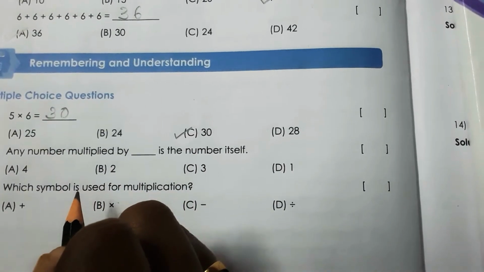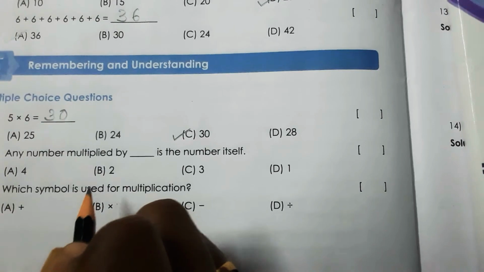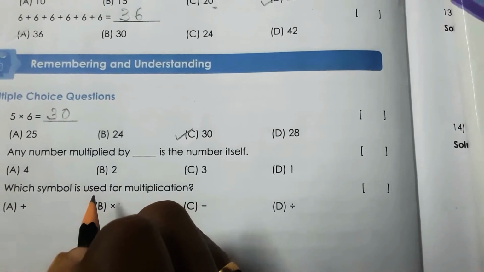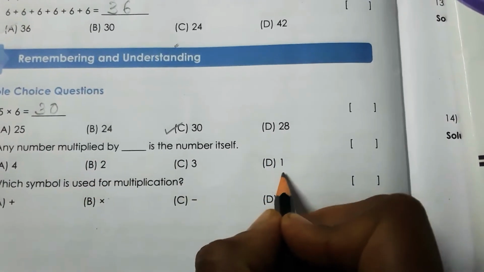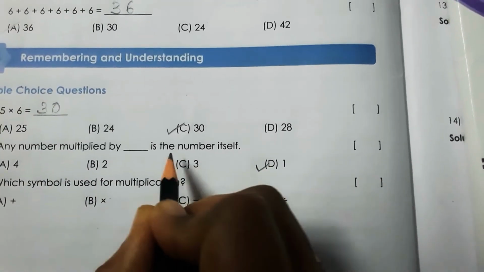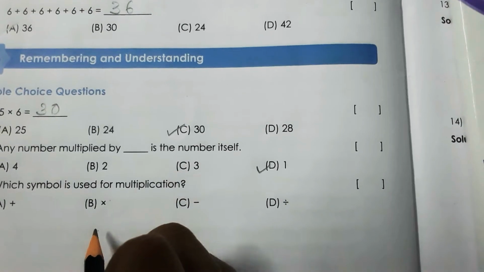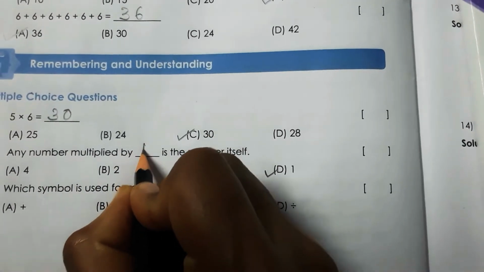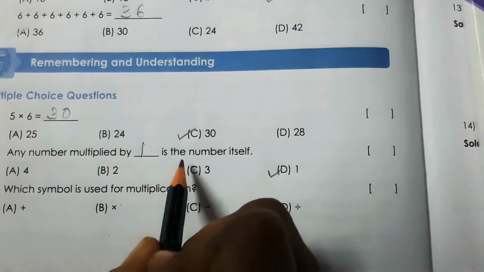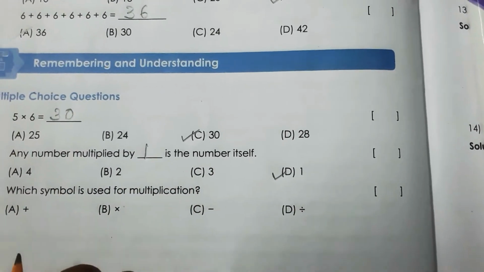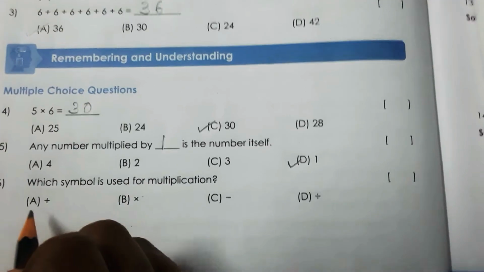And if we are multiplying 10 with 1, then 10 is the answer, isn't it? So, when we are multiplying any number with 1, we will get the number itself as the answer. So, 1 is the answer. Okay, any number multiplied by 1 is the number itself. Clear, children? Okay. Next question.